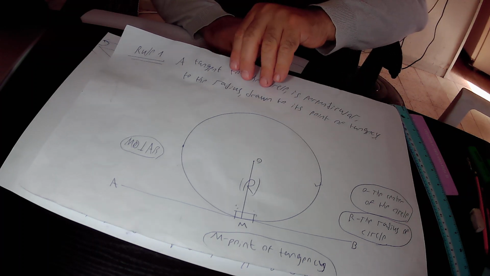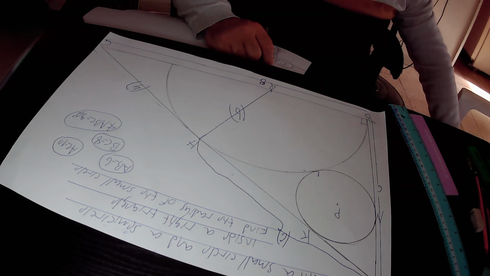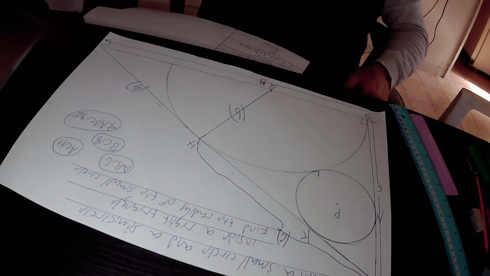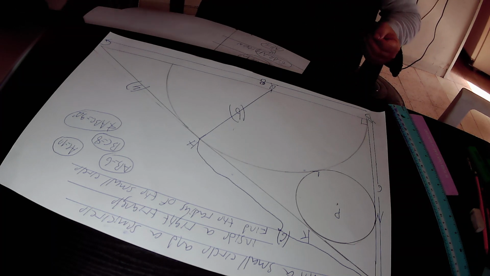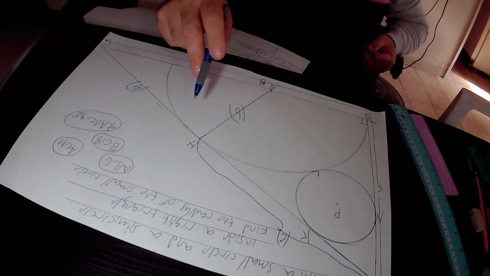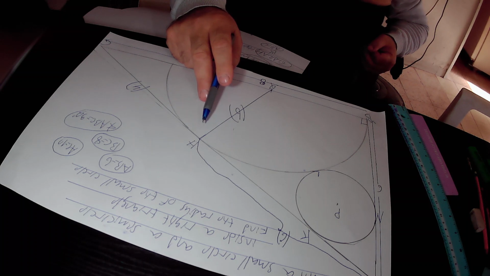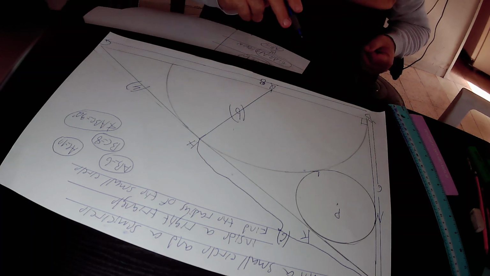We can actually implement rule 1 in our drawing. Why? Because in our drawing, we have the radius QH that is drawn to point H, the point of tangency of tangent AC with this big semicircle.